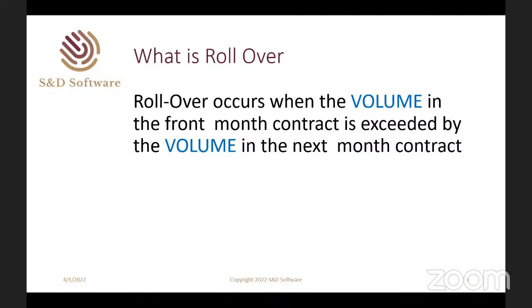However, when the B contract has a greater volume on a particular day, say the B contract has 11,000 contracts and the A contract only had 9,000 contracts, then rollover has occurred. What we've run into is that sometimes you may have a fluctuation where they're very, very close, and one is just barely over the other.